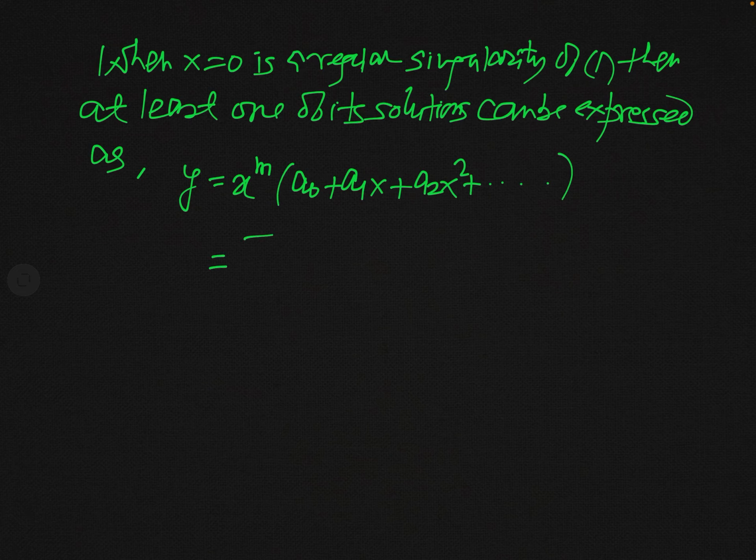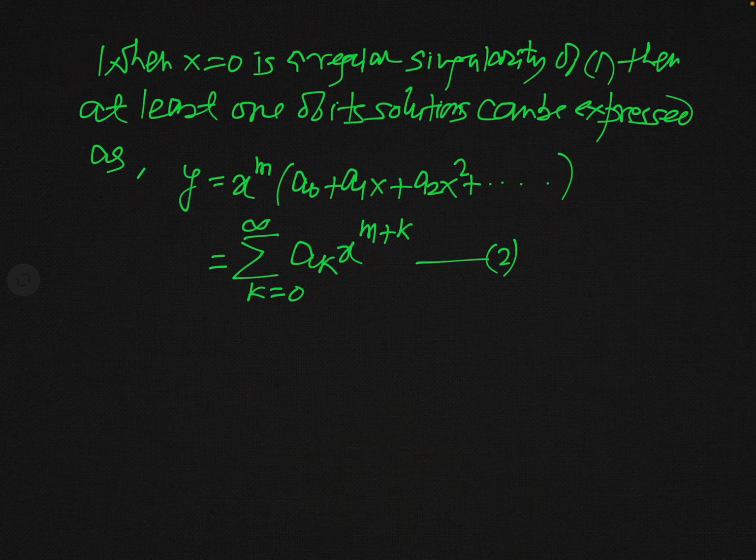Or in compact form, you may write it in this manner: summation over k from 0 to infinity a k x to the power m plus k. This is actually its solution, one of its solution, when x equal to 0 will be a regular singularity of this given equation 1.